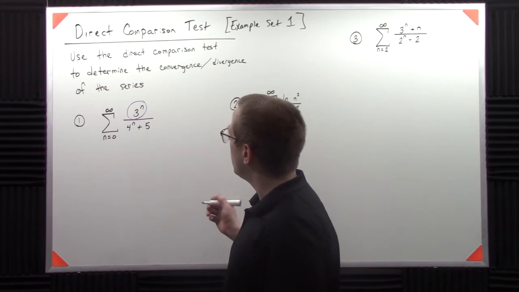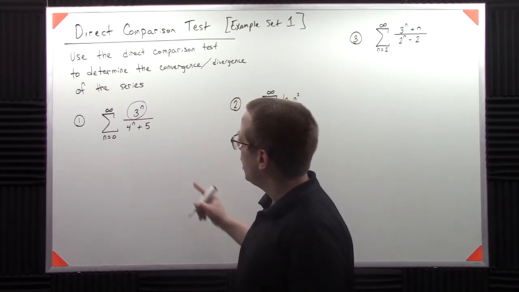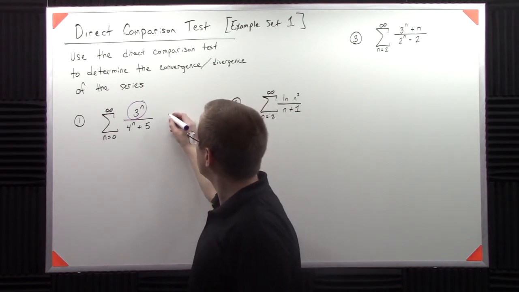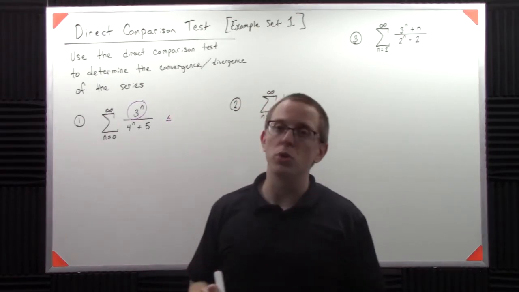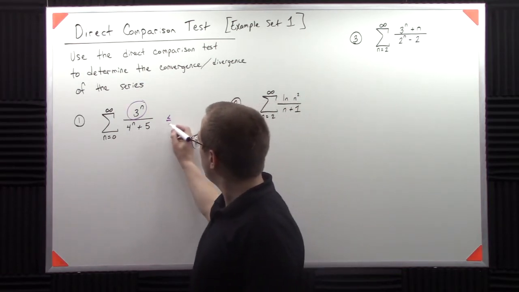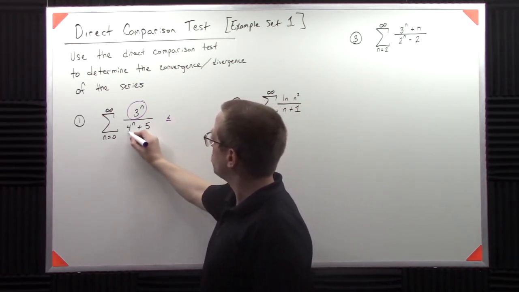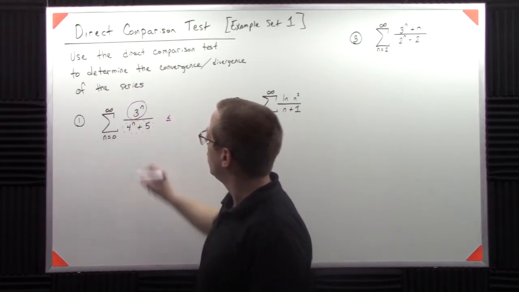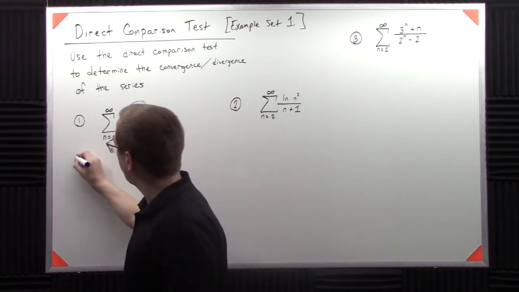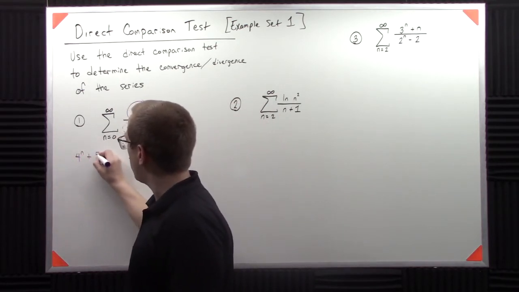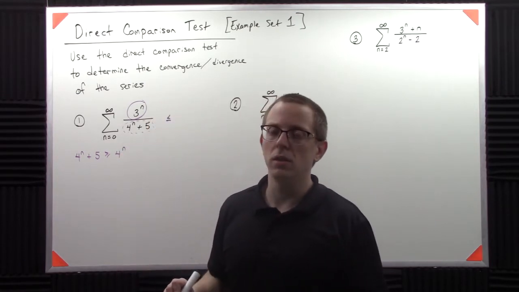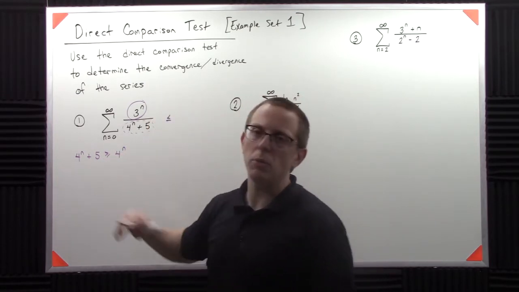So, if you think about the direct comparison test, if I want to show it converges, then I need to make sure that this is less than or equal to something that converges. Okay? So if I'm looking for the overall thing to be less than or equal to, I need to find something that is greater than or equal to. So what I know is that 4 to the n plus 5 is larger than 4 to the n. Technically it's greater than, but I'm going to use greater than or equal to.